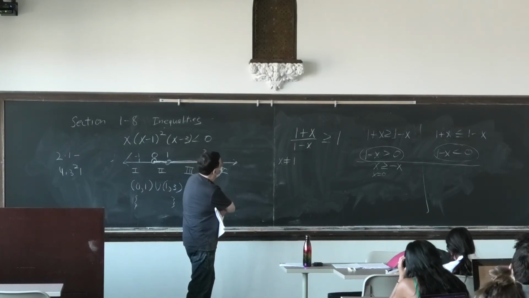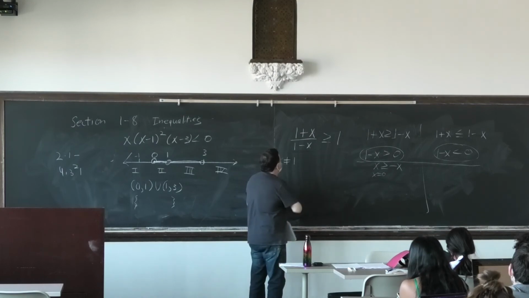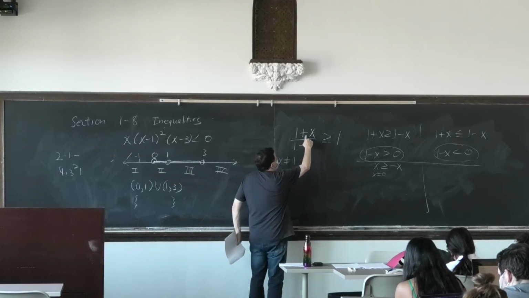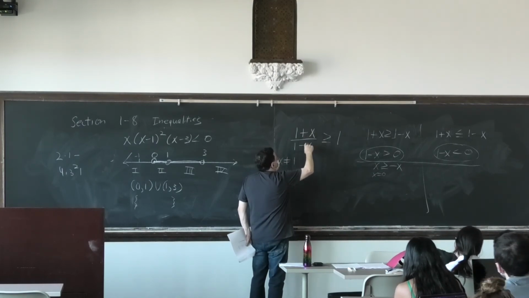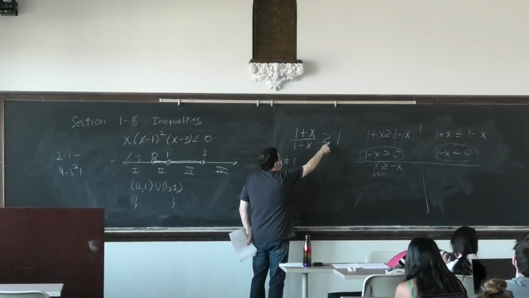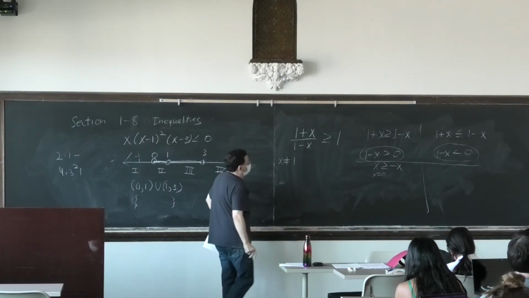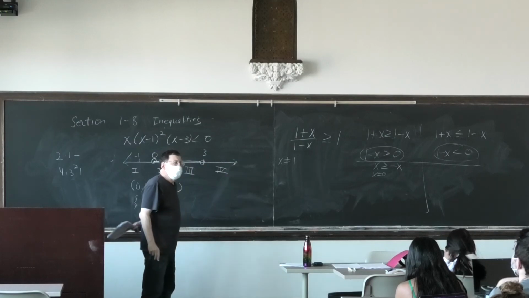Well, let's think of an example that proves I'm wrong. Let's say x is a half. So this is 3 halves over a half. That's 3 greater than or equal to 1. So there's something wrong here. I don't really know what I did wrong.